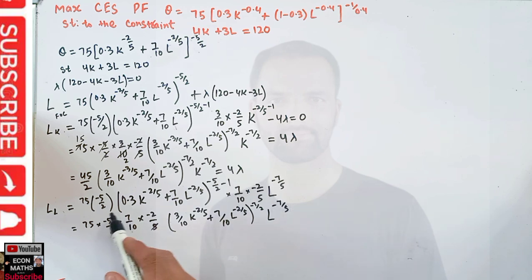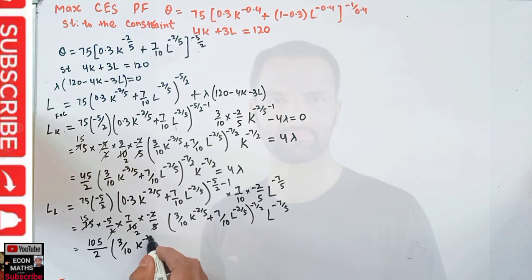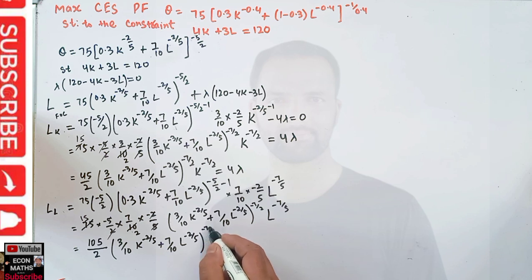Okay, here 5 and 5 will get cancelled, 2 and 2 will get cancelled, so we have again 5 2s are 10, 5 15s are 75, 15 into 7, but it comes out to be minus, and minus will become plus, so we are left with 7 5s are 35, 7 ones are 7 8 9 10, so this is 105 upon 2, 3 upon 10 k to the power minus 2 upon 5 plus 7 upon 10 L to the power minus 2 upon 5 raised to the power minus 7 upon 2 L to the power minus 7 upon 5.